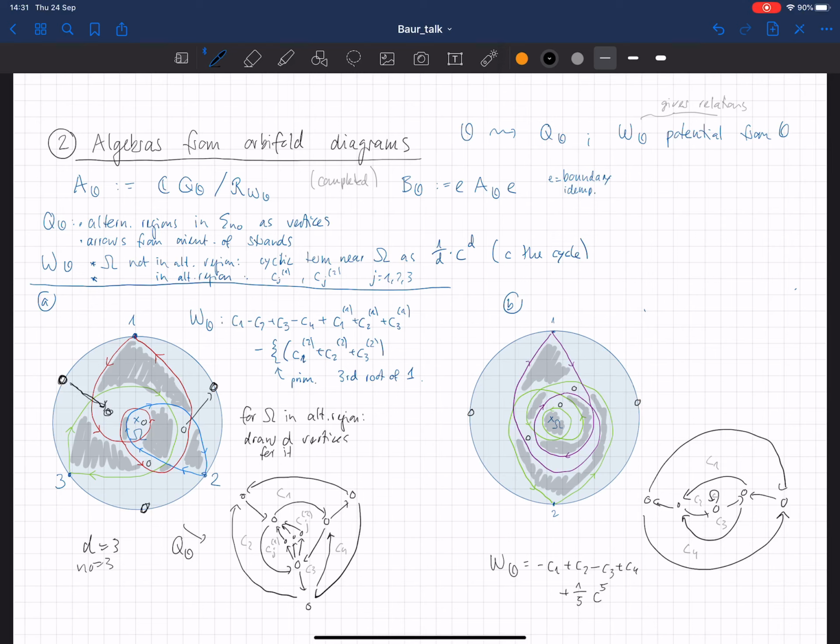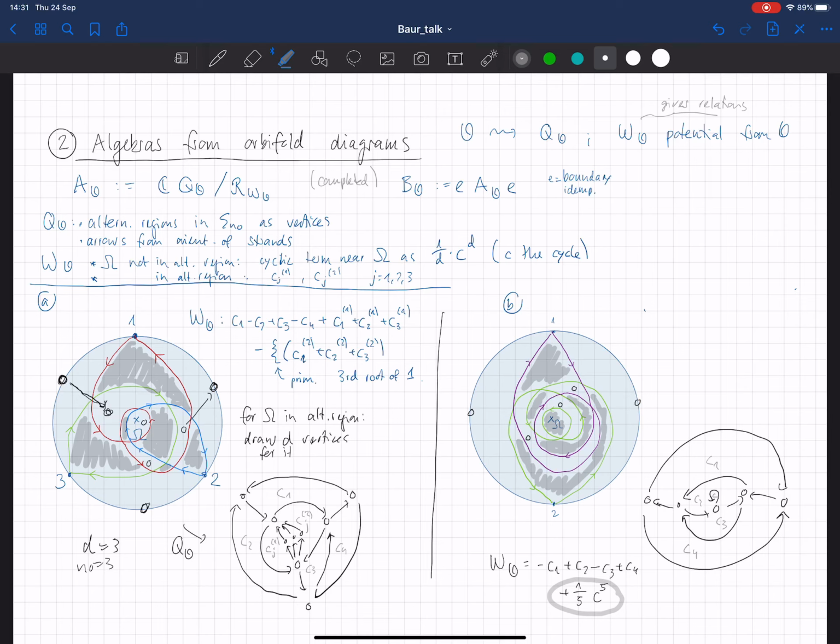Okay? So that's one way, and then the other situation is when the middle region is oriented, then we get a cycle around it. Here is just a loop. Again, the potential has as terms negative C1, because C1 now was clockwise, plus C2 minus C3 plus C4. And then the special thing is around the central oriented cycle.